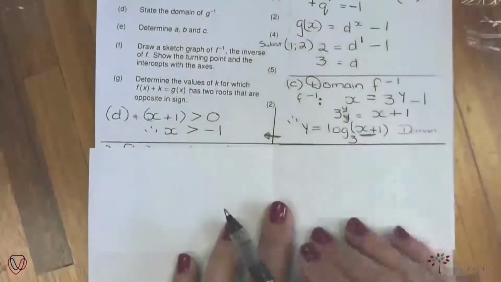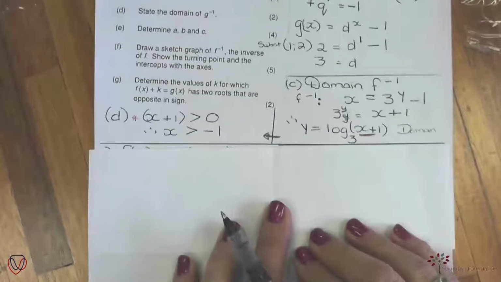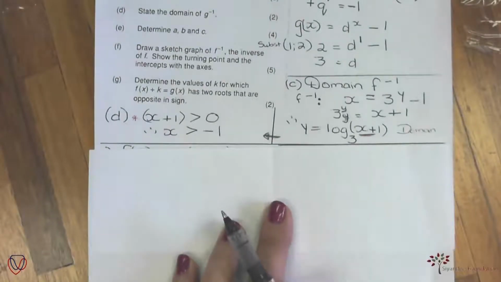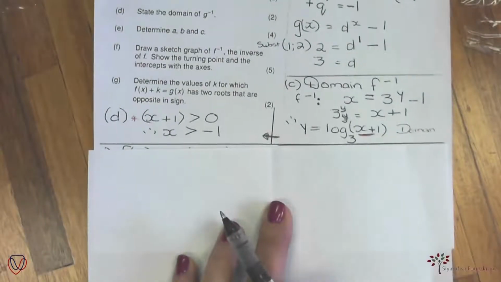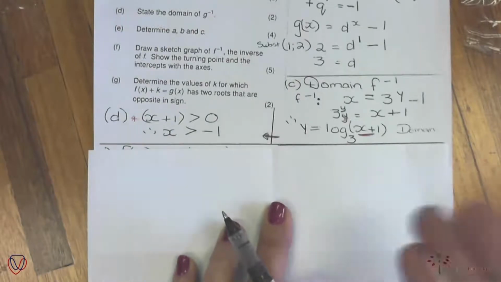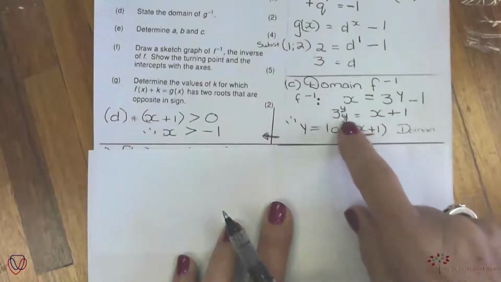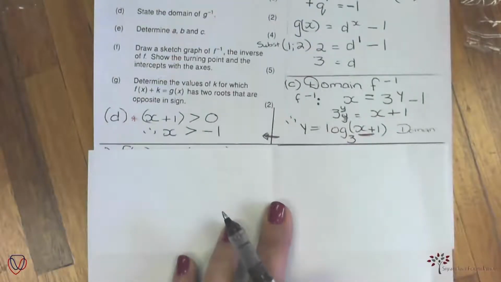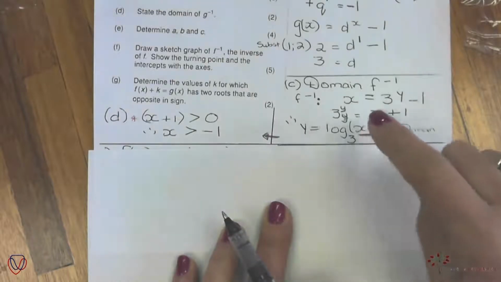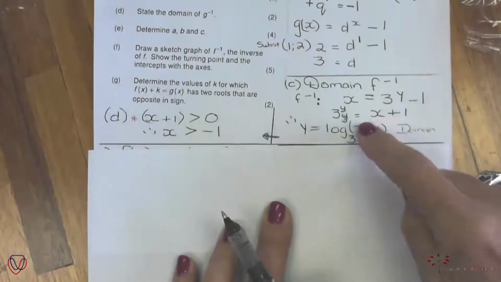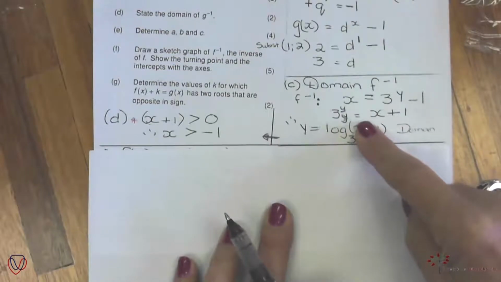Okay, thank you. Now we go to D first. State the domain of G's inverse. The domain. That's easy. People, you don't do this much in class. So, remember the domain of a log graph is always that x larger than 0, because in logs, the number next to the log may never be 0 or a negative.